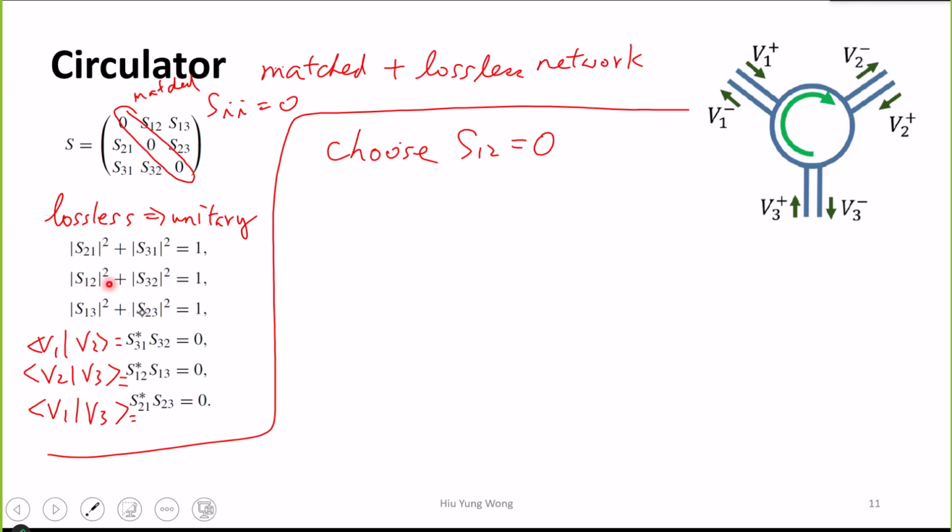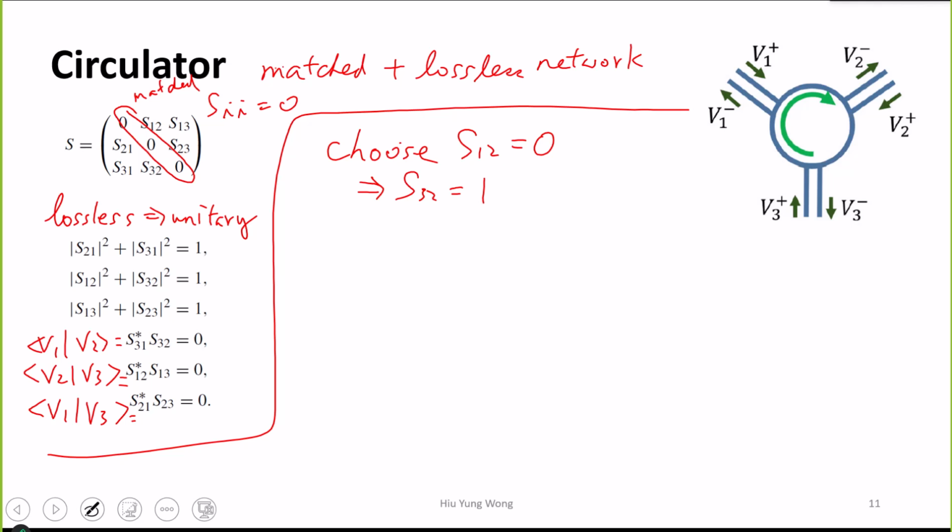If S12 is 0, what is S32? 1, right? Because this is 0 plus something equals 1. Of course, you can say maybe another complex number, but let's just choose 1. So with this, S32 equals 1. Is that okay?